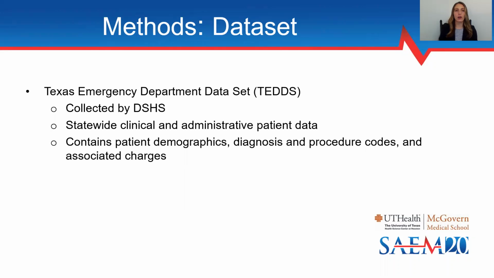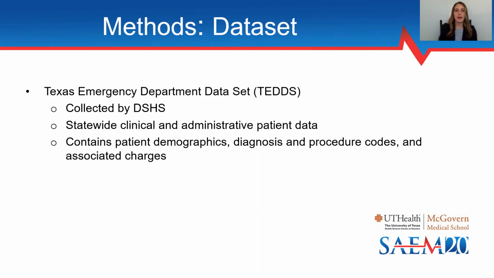We performed a cross-sectional analysis using the Texas Emergency Department dataset. This dataset is collected by the Department of State Health Services from hospitals throughout Texas. It contains information on patient demographics, diagnosis and procedure codes, and associated charges.